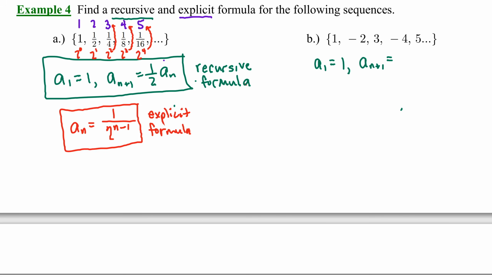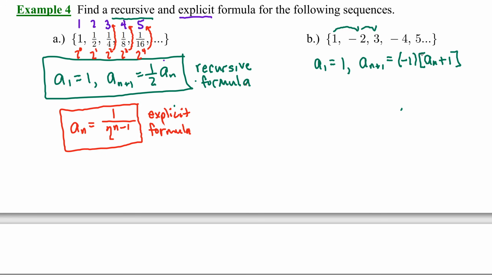So if for a moment I ignore the alternation in sign, I know that from here to here I've added 1, and from here to here I've added 1. And if I think about the alternation in sign, while I'm adding 1, I'm multiplying the result by -1. So we could say this is -1 times the previous term plus 1.